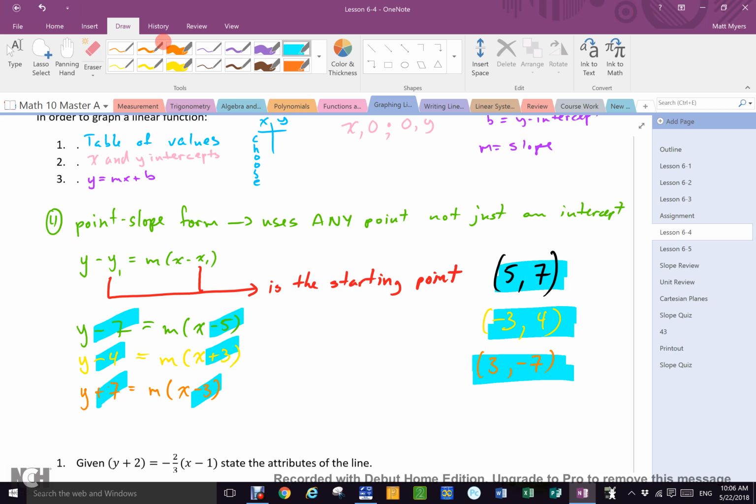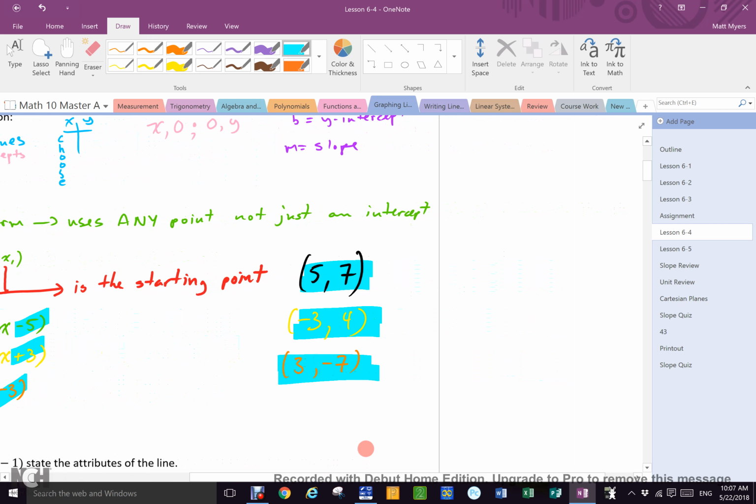As always, I like to show you why that works. You don't need to write this down, what I'm about to show you, but you might want to write this down. The actual point on the graph has the opposite sign to the equation.